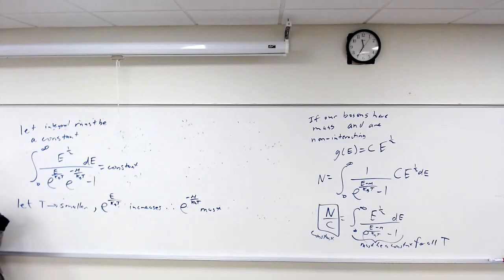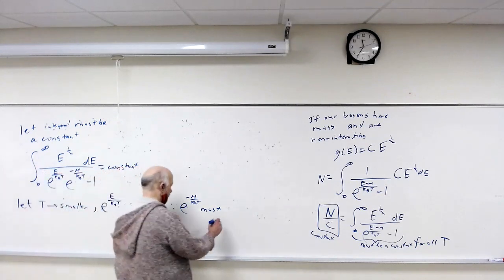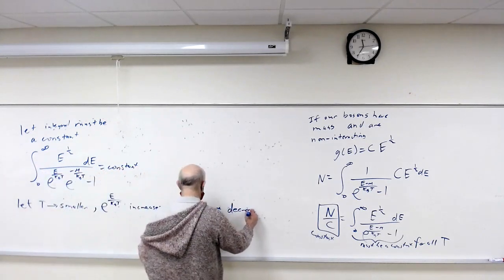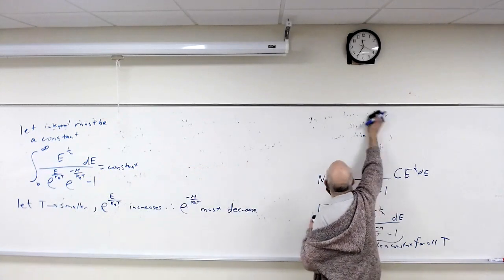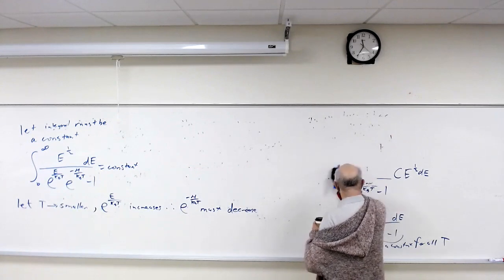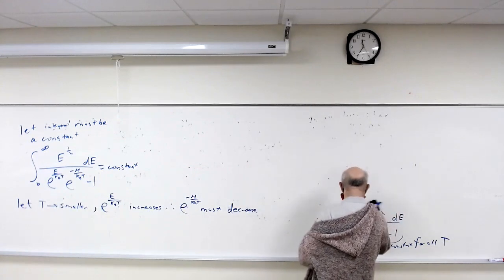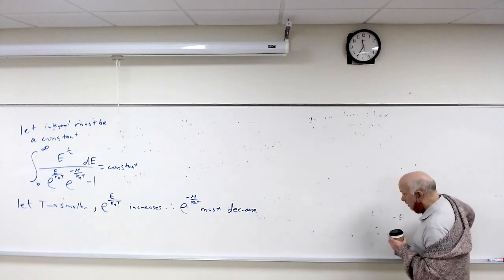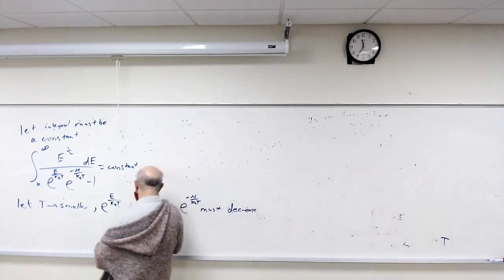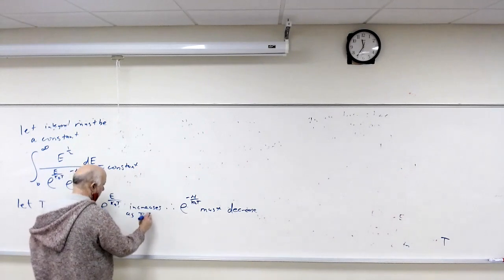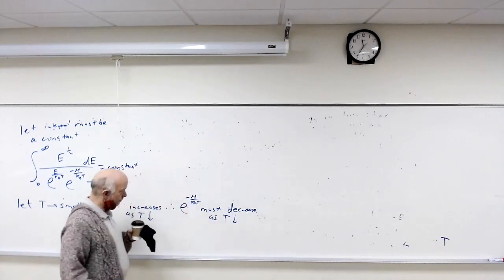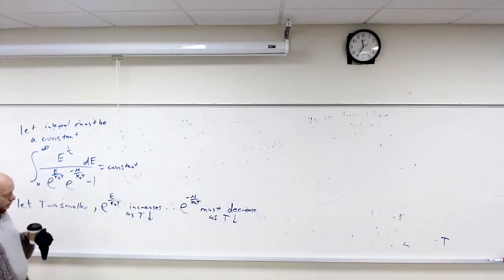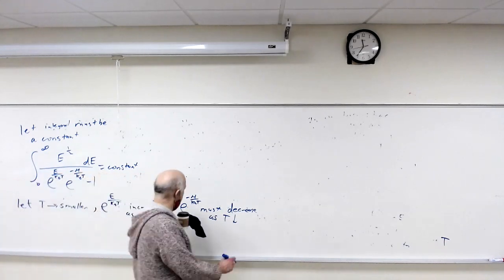We always have to equal a constant. And by this, when I say increases, I should say as T decreases, and this is as T decreases. Okay. So where's the problem here?